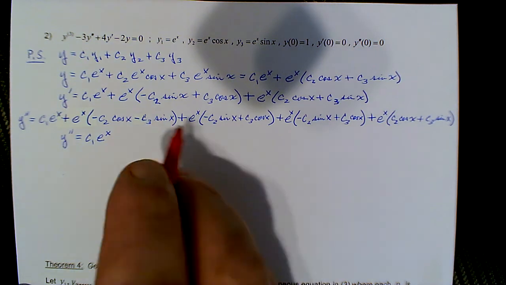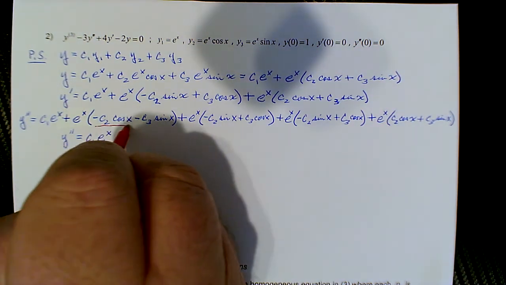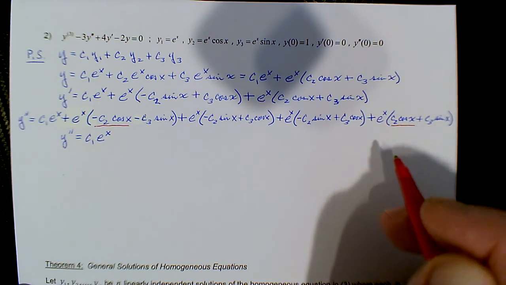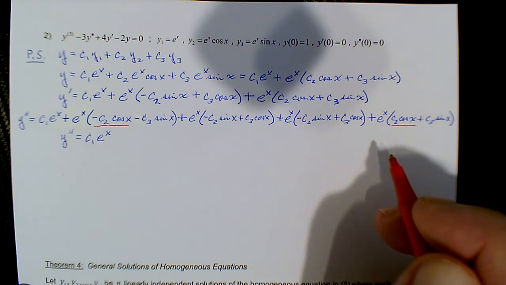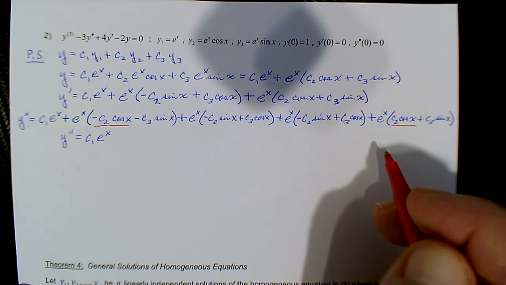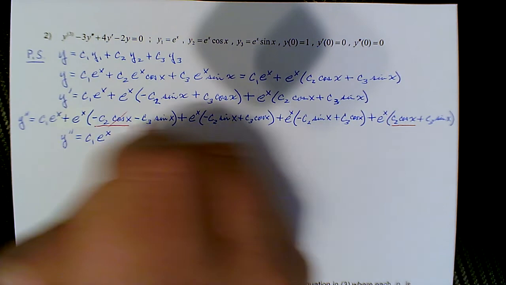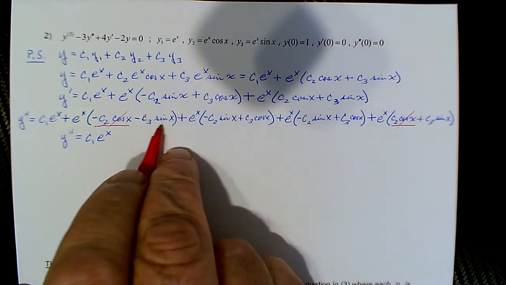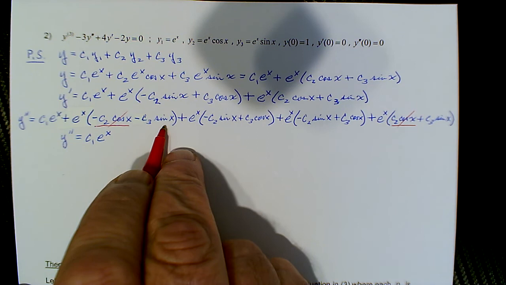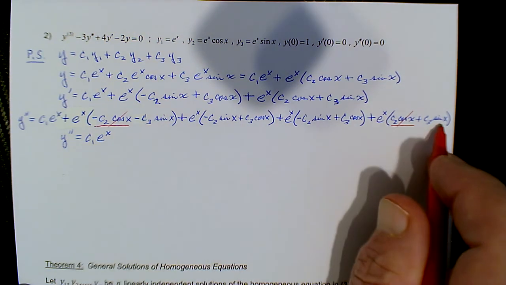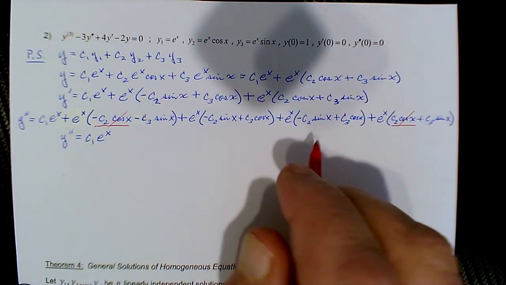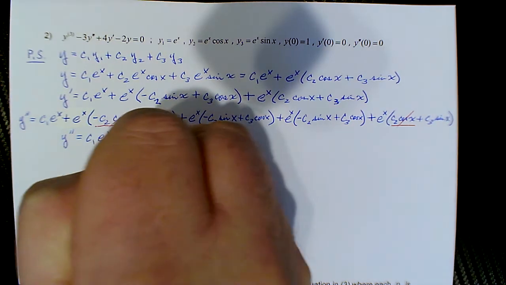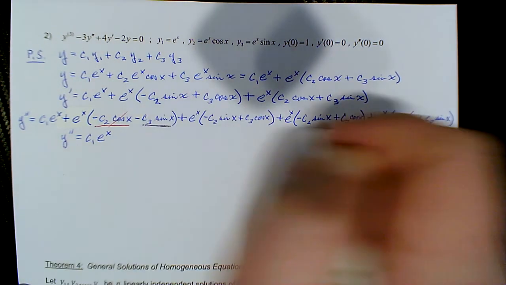There's a negative one of them here and a positive one of them here, so they cancel out. And are there any other c3 sines? Yes, there's this c3 sine over here. That c3 sine and this c3 sine vanish.